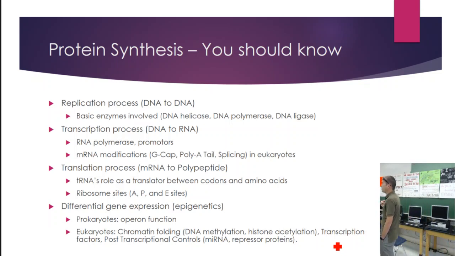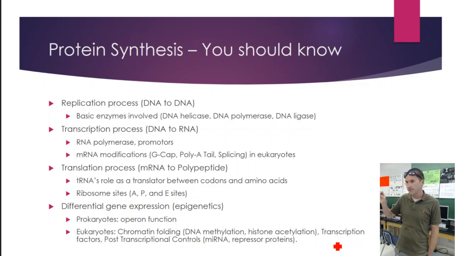You should know that after the mRNA is made, it needs to be modified. I guess I missed the first part. RNA polymerase, which is the enzyme that produces RNA, is going to bind to promoters. Those promoters are regions of the DNA that signify that that's the beginning of the gene, right? We talked about how you have euchromatin and heterochromatin.